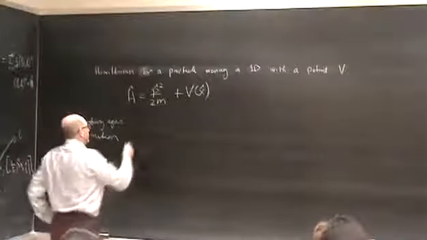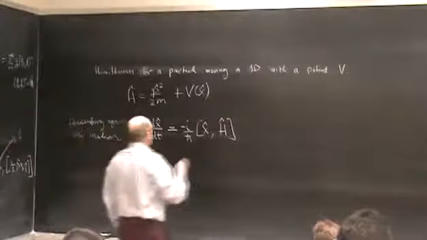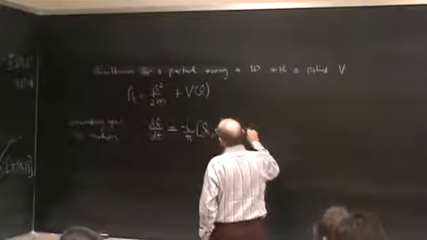So let's look at the derivative of x hat with respect to time. That's equal to i over h bar, minus i over h bar x with H, one of the forms that we have over there on the front board. So this is equal to what?